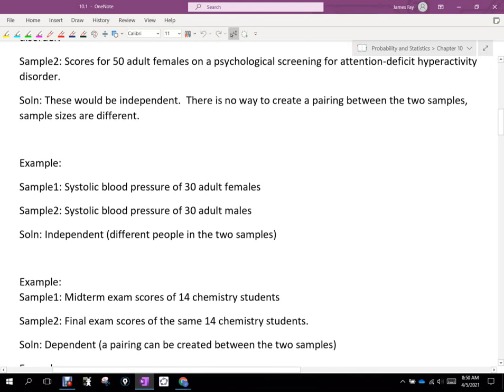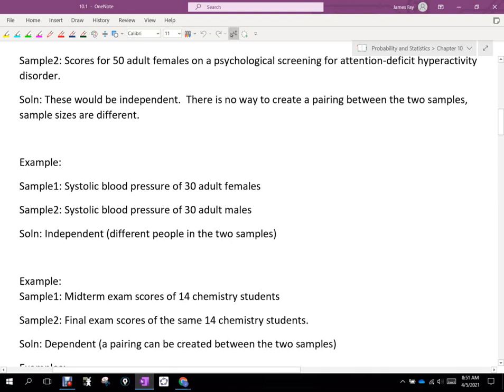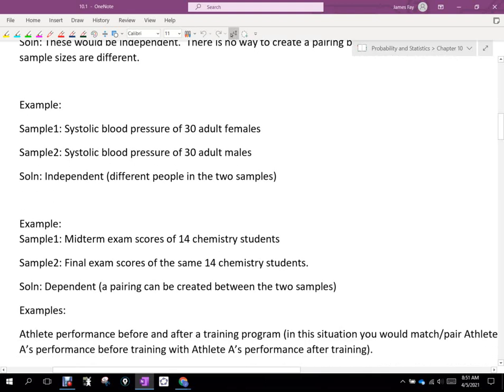The next one says systolic blood pressure of 30 adult females and systolic blood pressure of 30 adult males. Same idea here. Now that's 30 and 30, so it could be dependent, but we have to think about the population. We see different people in the two populations, female in one population, male in the other, so you can't match or pair them.